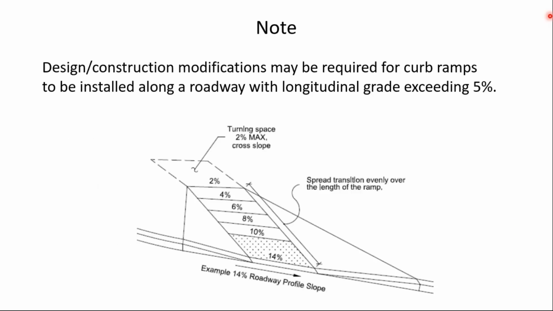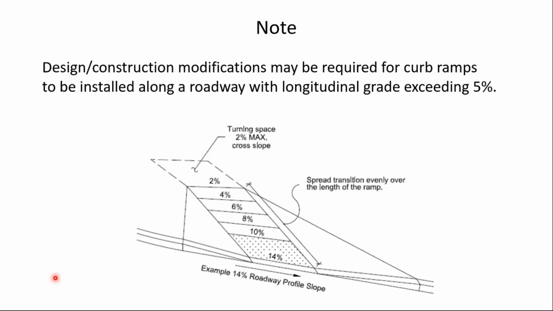And note that where you're talking about roadways, say in West Virginia where I am, or southeastern Ohio, where we have significant topography, we may have relatively steep roadway grades. And so an issue is, how do we transition from the level landing here to the roadway grade? This is one technique.